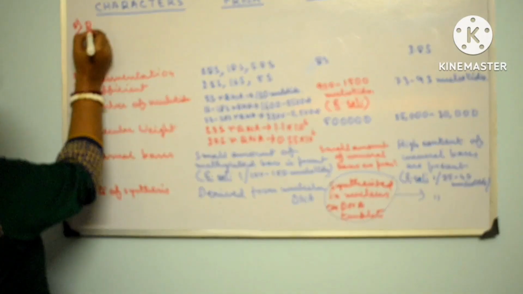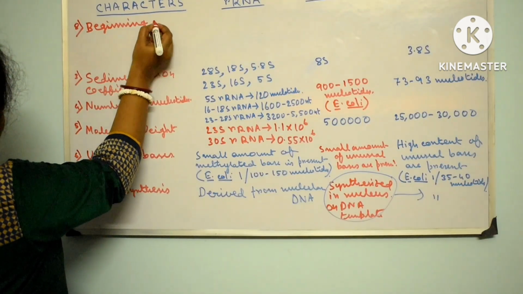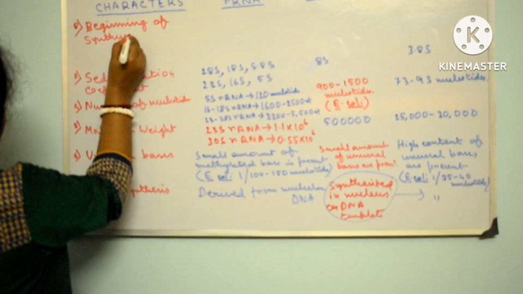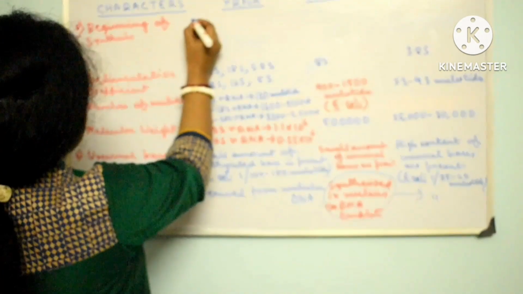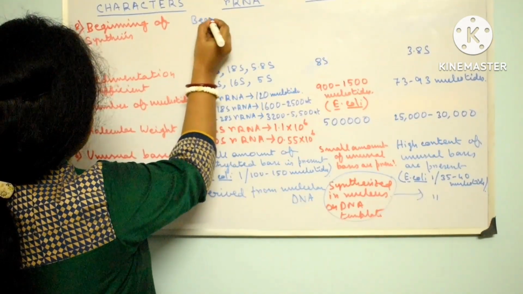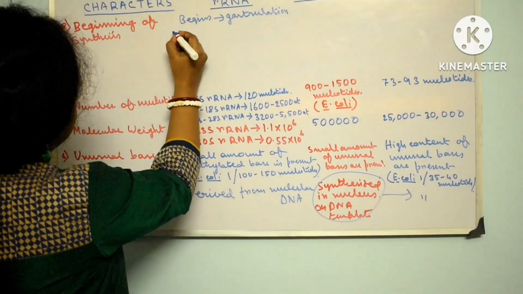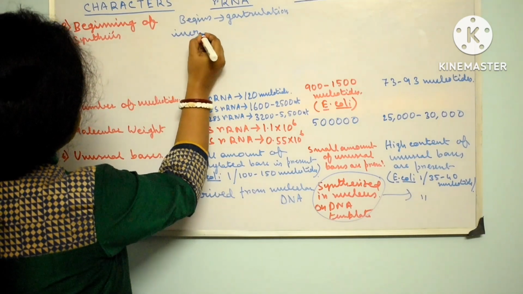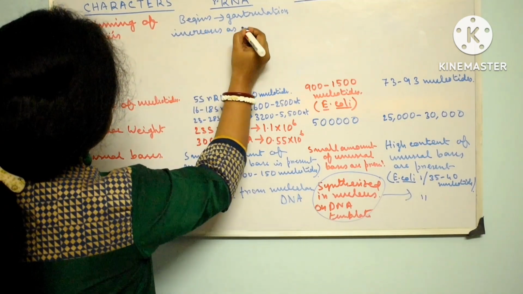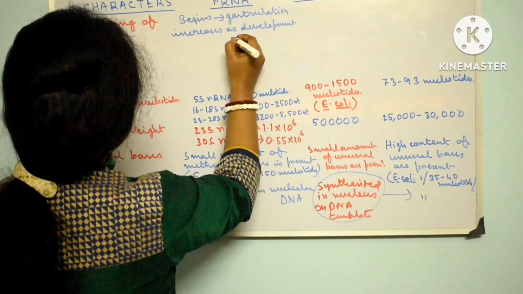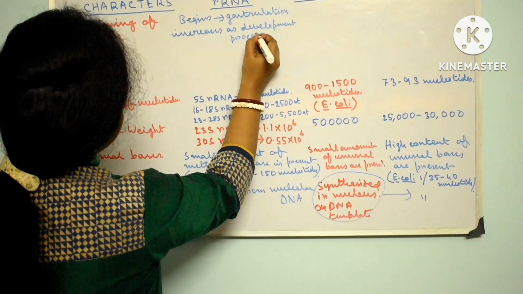Beginning of synthesis. In case of rRNA, synthesis begins at gastrulation and increases as development proceeds.